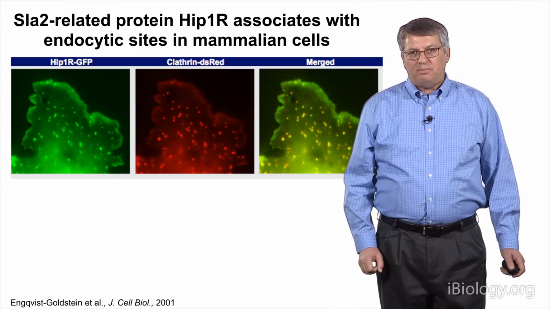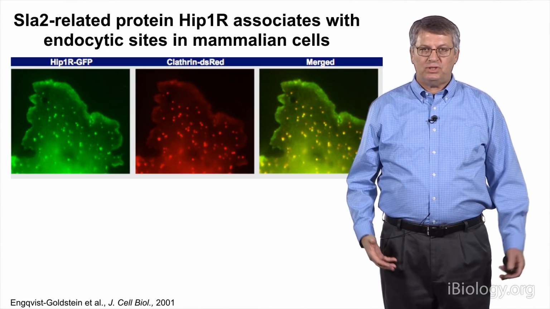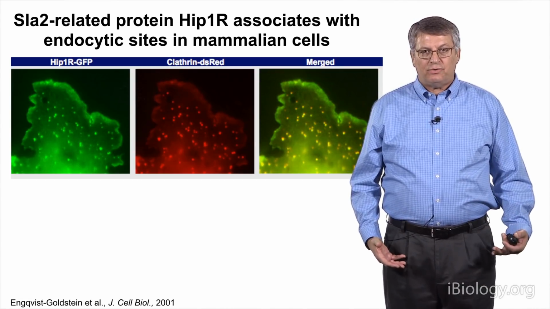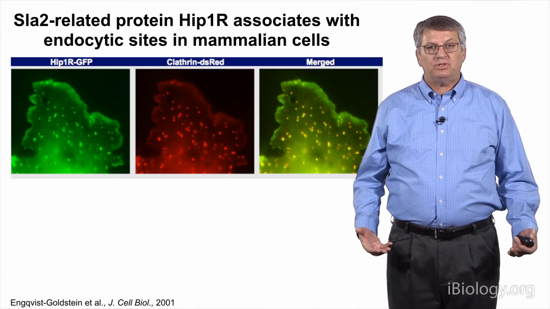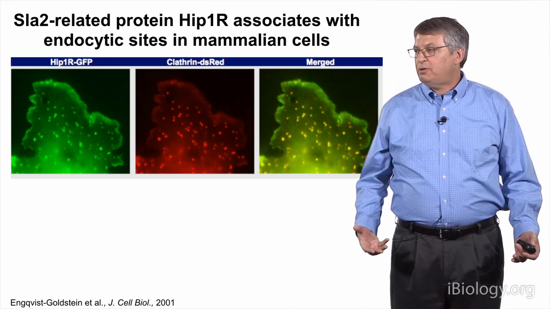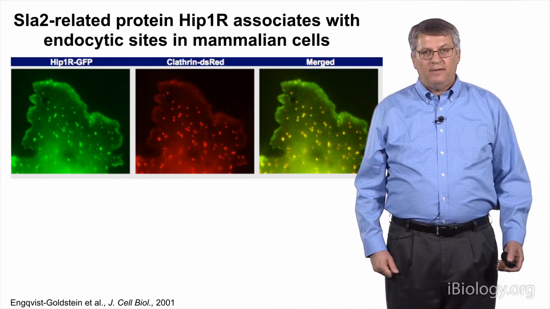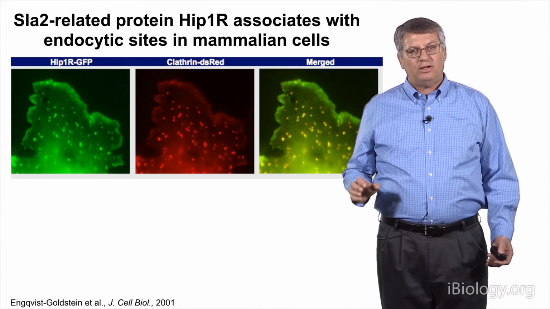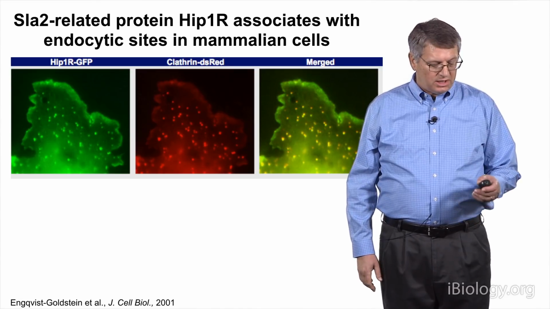So it seemed that this protein, at least, had a conserved set of interactions. In yeast, it was known to bind to actin, to bind to Clathrin, to bind to PIP2. And in mammalian cells, we clearly showed that it's a component of Clathrin-mediated endocytic sites.